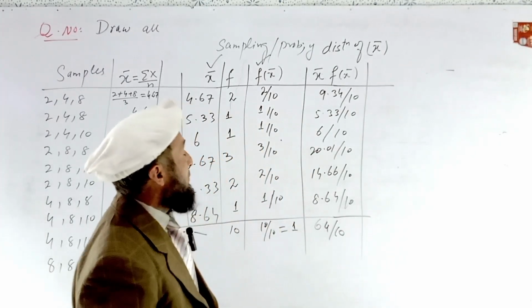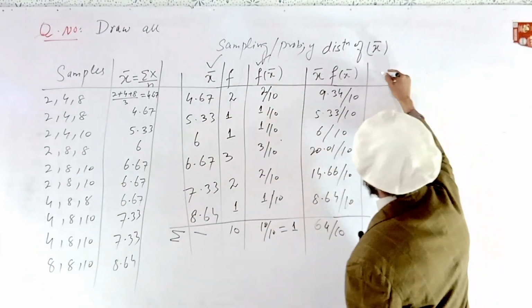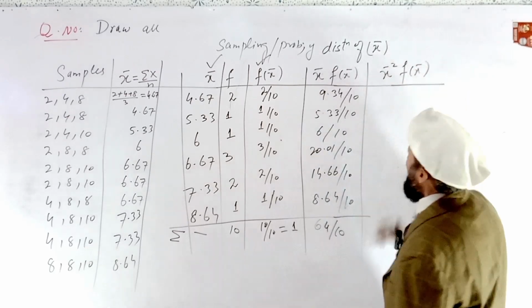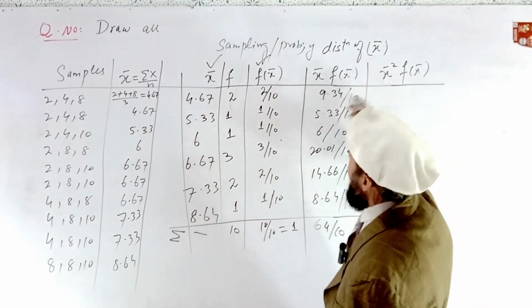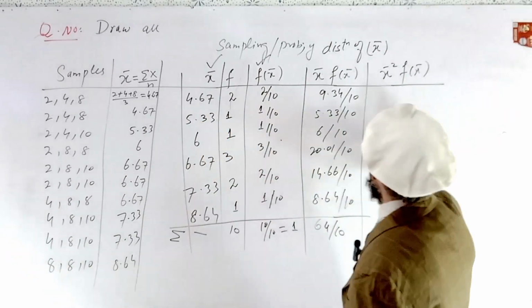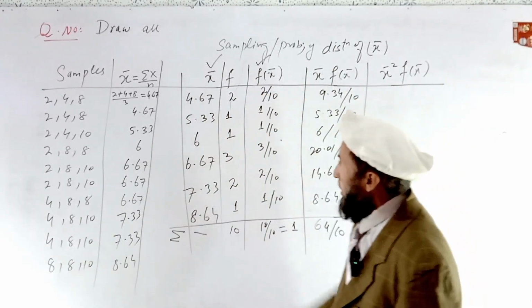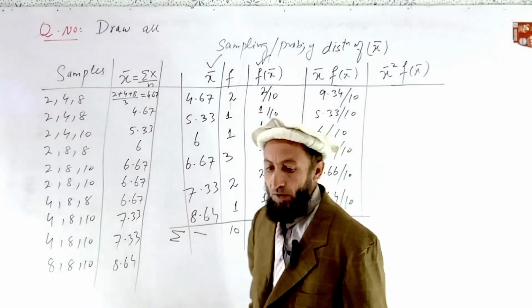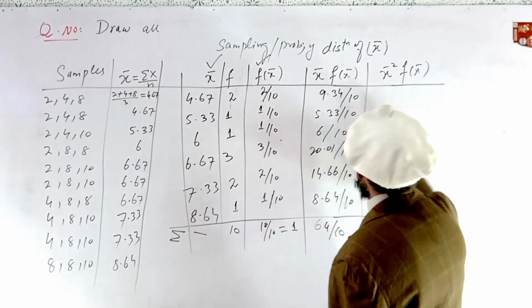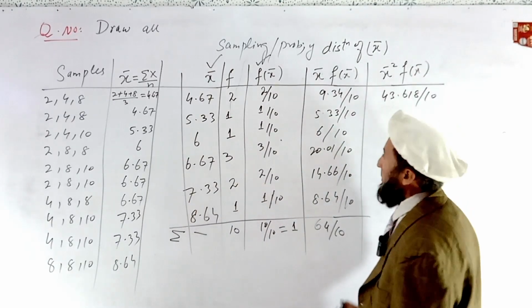Now another column is required for the standard deviation or variance, so x bar whole square f of x bar. Now for this column x bar square, we double this value and multiply by the frequency in the column f of x bar. 4.67 if we square this and multiply by 2, we get 43.618 divided by 10.